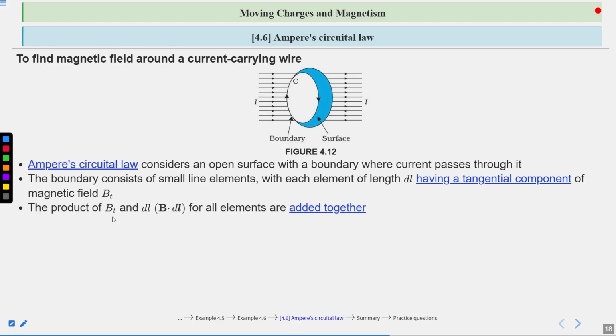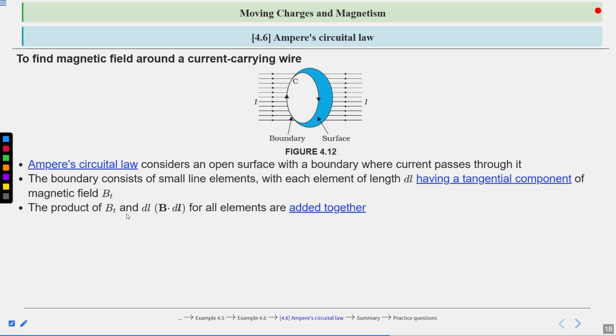The product of Bt and dl, this is the Ampere's circuital law. It has no derivation. It is a law given by experimental results. So you have to accept it like that.